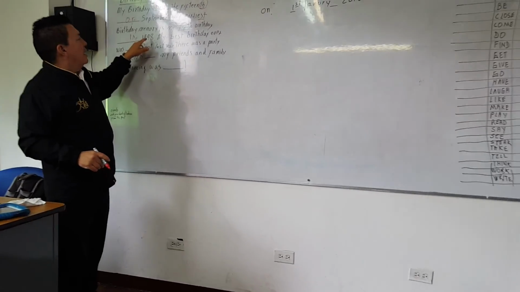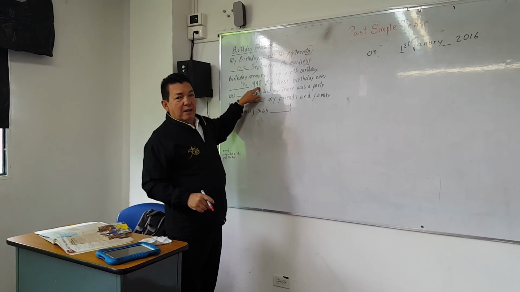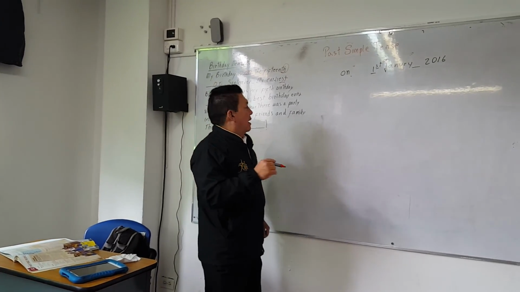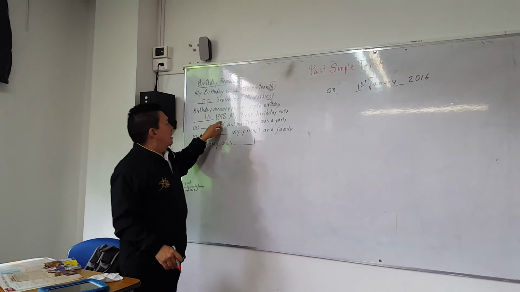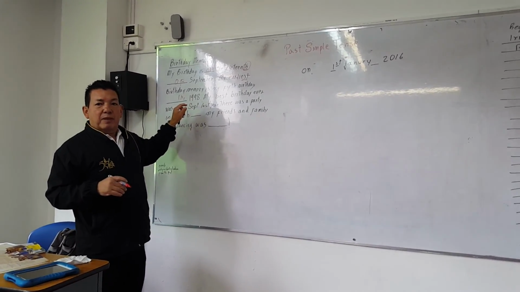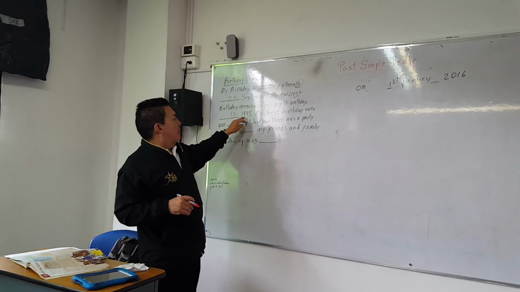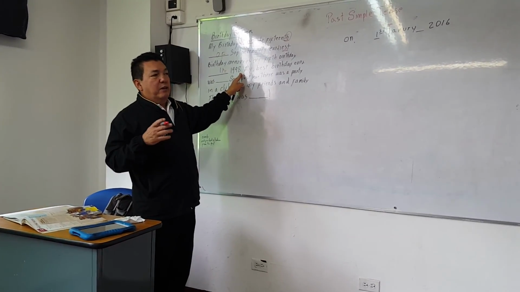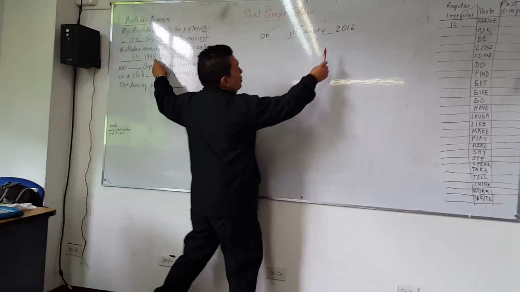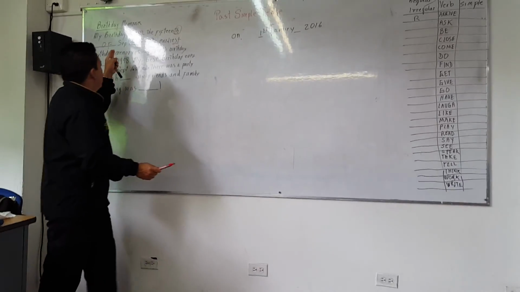In 1998. All right, but remember whenever you are talking about these figures for the years before 2000, we say nineteen ninety-eight. But for the year 2016, we just say twenty sixteen. Here we divide that.